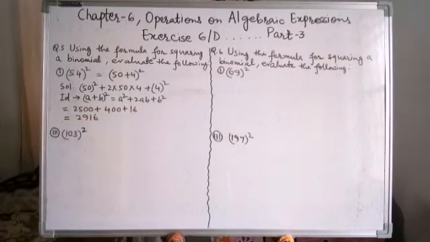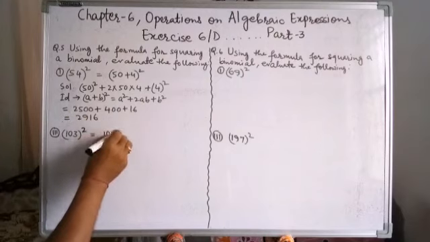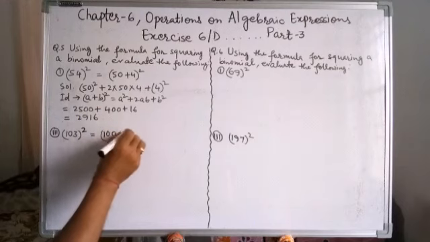2916. Next, 103 square can be written as (100 plus 3) whole square.